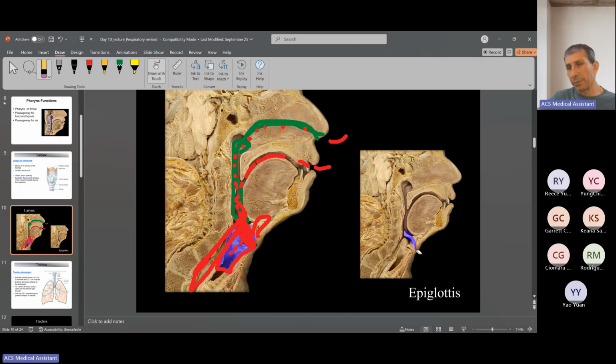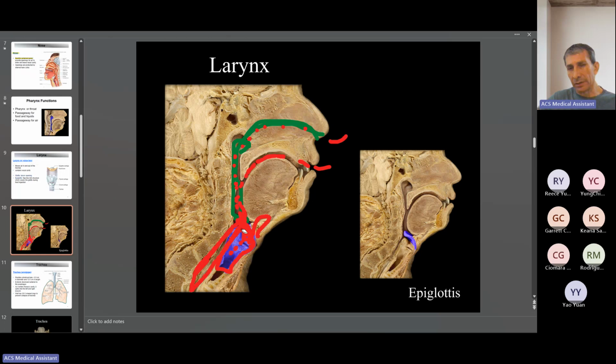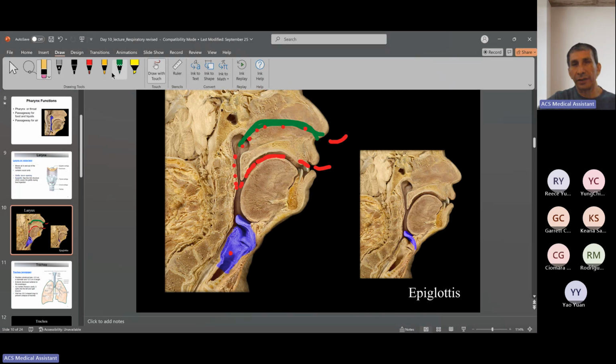So here we have the epiglottis. You see this little lid-like structure, like a little door, just like a lid, like a can when we open the lid of the can and then we put it back. So this is the epiglottis. Very, very important structure.